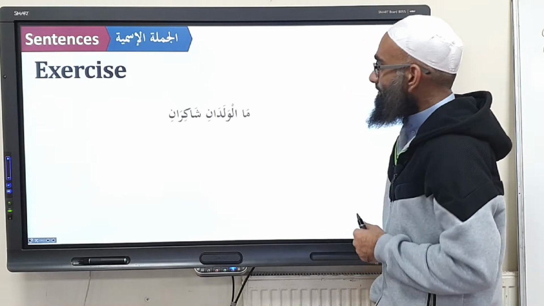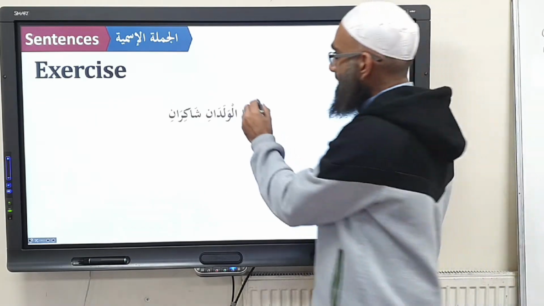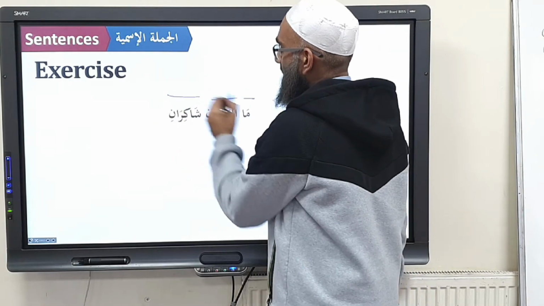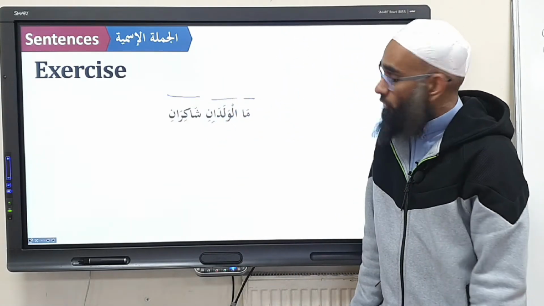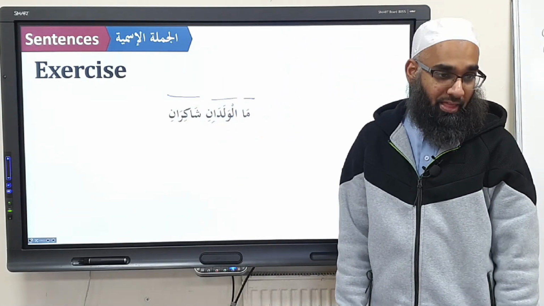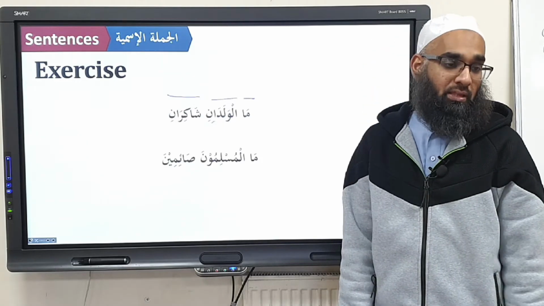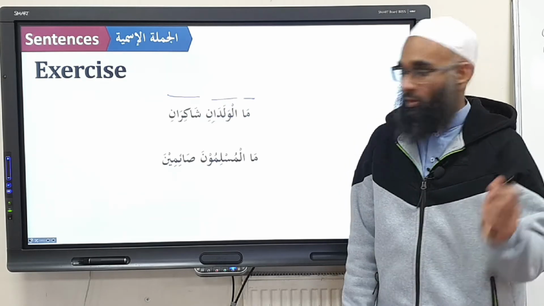Okay. Mal waladani shakiran. So now it's ism, this is the ma nafiya, ism, and the khabar of ma. And this is marfu' because alif noon, muthanna marfu'. So the two children are not thankful. And mal muslimuna sa'imin. The Muslims are not fasting.